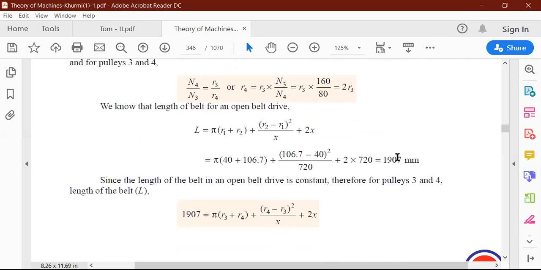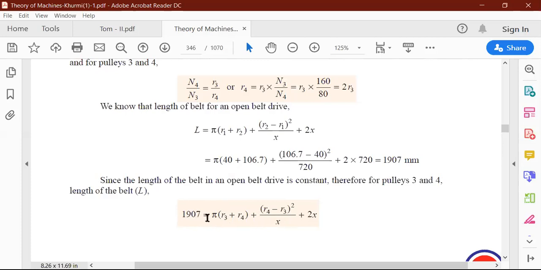Now this length will be helpful to find out the value of R3 and R4. How? See, since the length of belt for open belt drive is constant, therefore, here we applied the length of belt formula for first two pulleys. Now we apply for 3 and 4 pulleys.